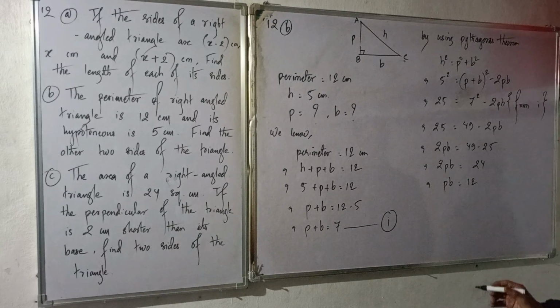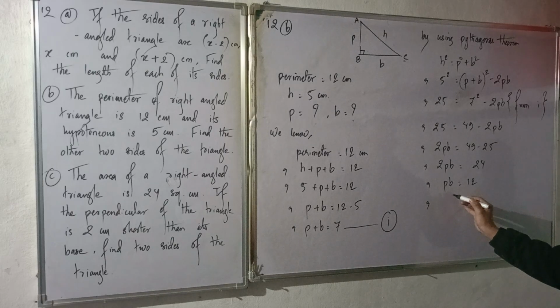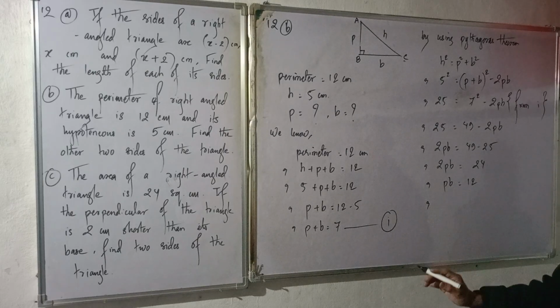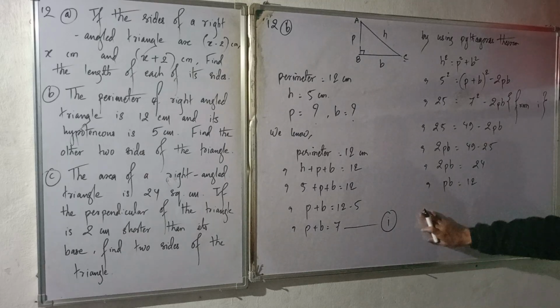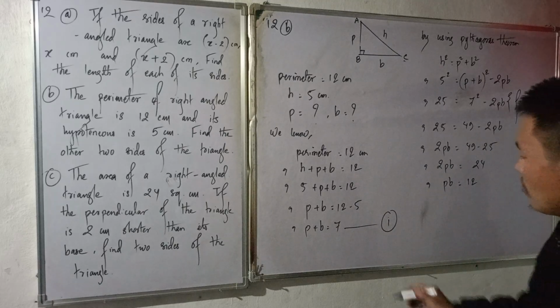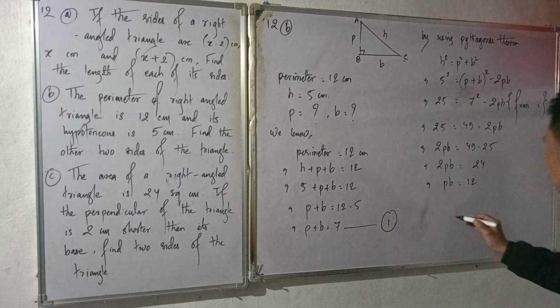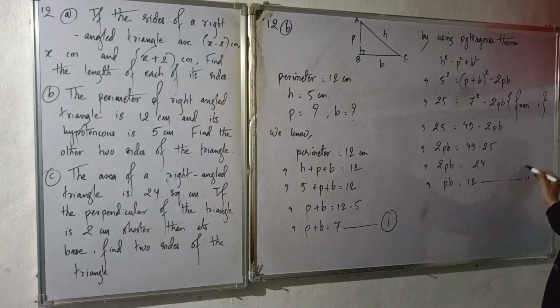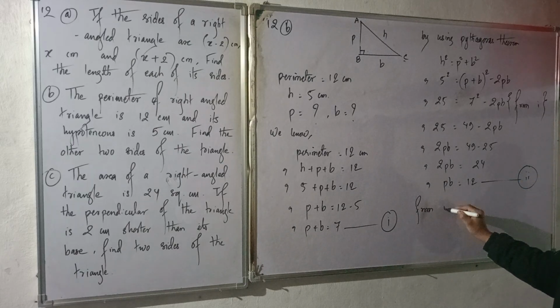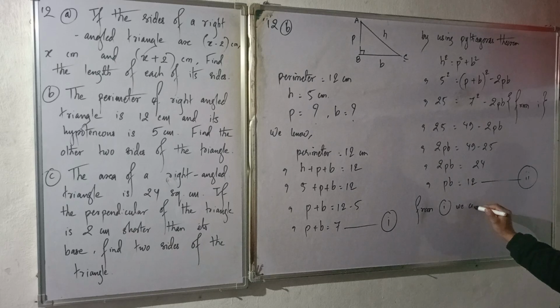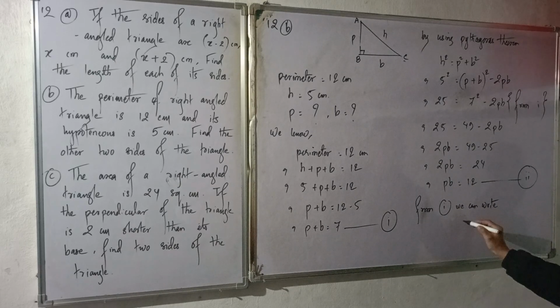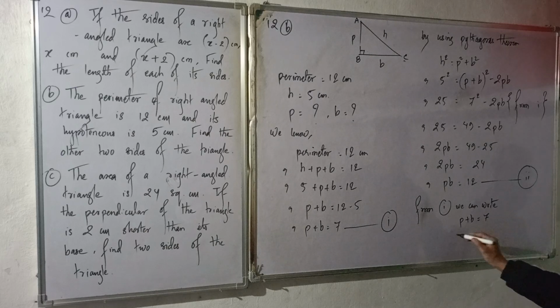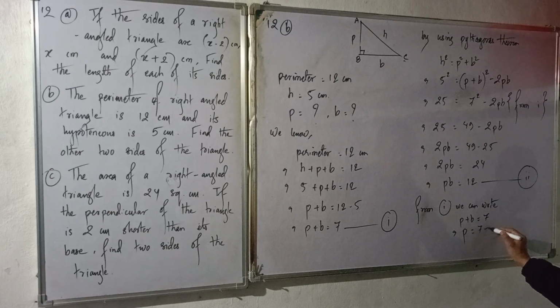Let's call this equation 2: PB equals 12. Now from equation I, P plus B is equal to 7. We can make P alone, so P is equal to 7 minus B. Now substitute the value of P equals 7 minus B in equation 2.